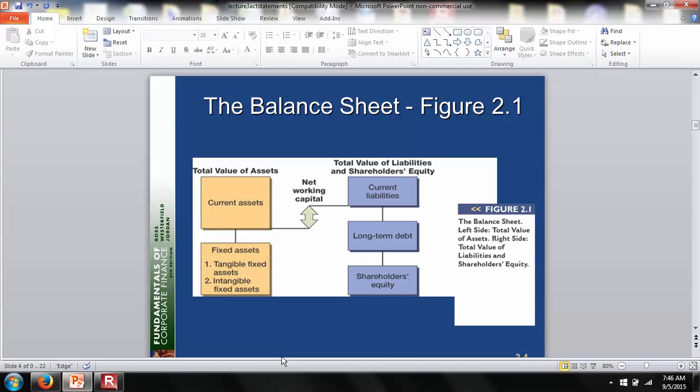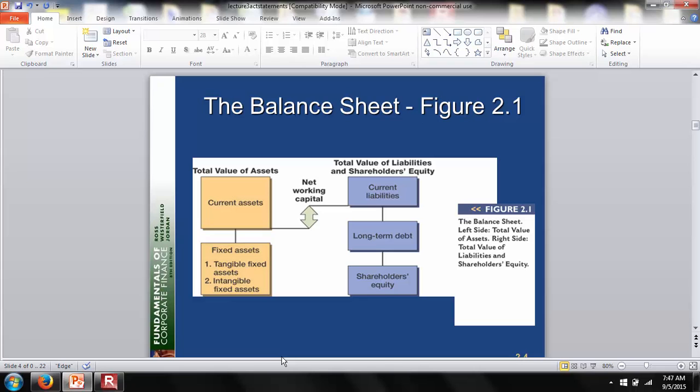Some examples are property, plant and equipment. And what are intangible fixed assets? Some examples are patents, okay, copyright, and so on. A trademark is another example. So the trademark for Coke, that is an intangible fixed asset. So that has a lot of value.